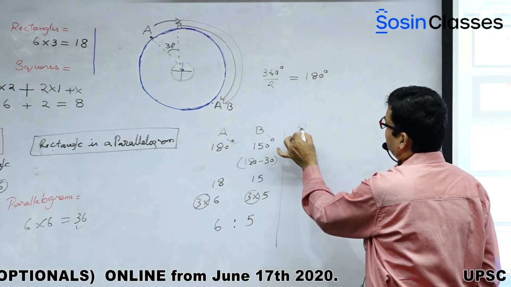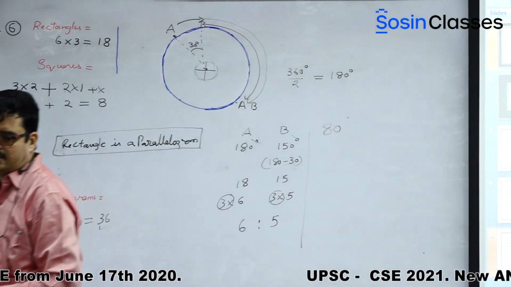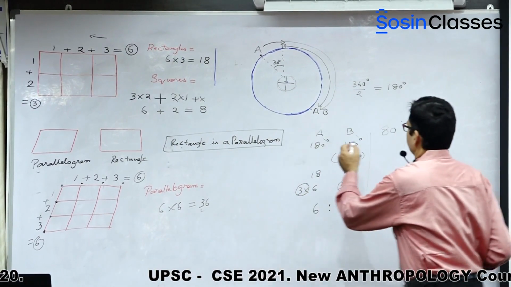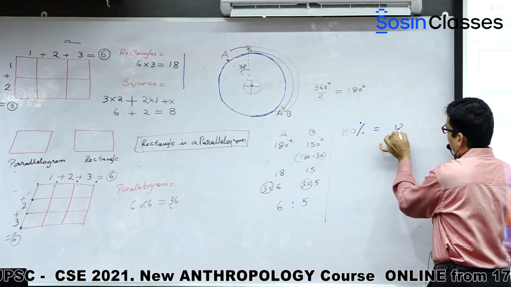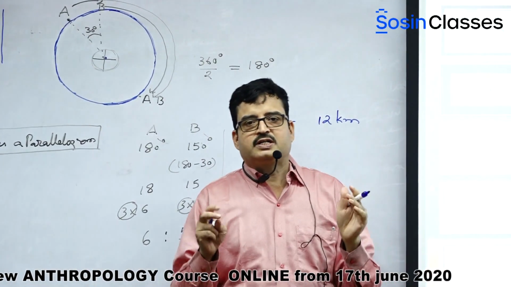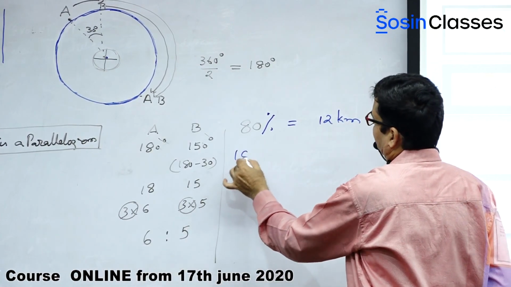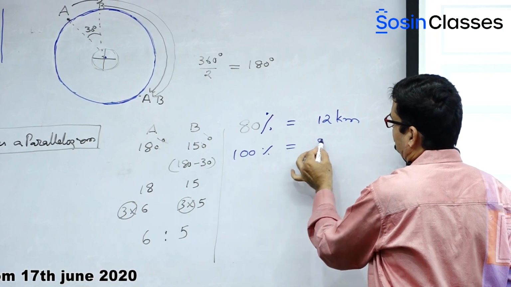See, 80% of the race is equal to 12 kilometers, whereas we are supposed to find out the actual distance of the race. So that is 100%. So if 80% is equal to 12 kilometers, 100% is equal to how much?